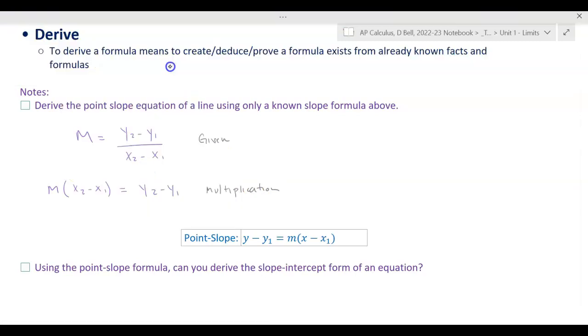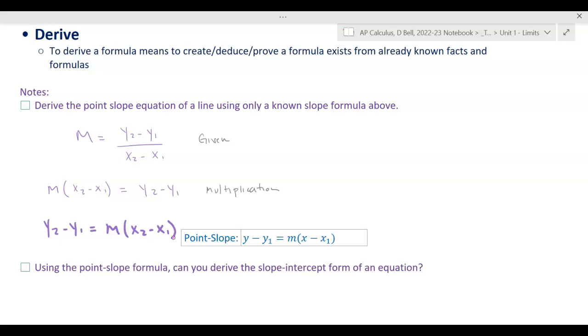And if I rewrite it, so I have the y's on the left, m times the x's on the right, right? That's just reflexive. Something equal to itself can be in any order. Now, in the point slope formula, we only need one point.